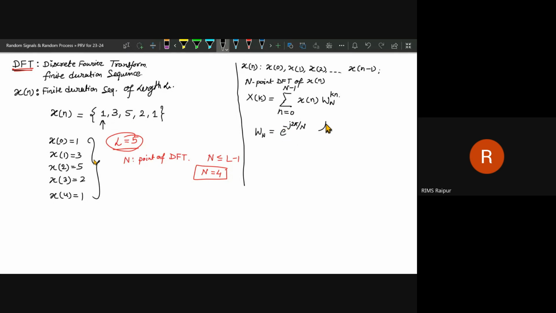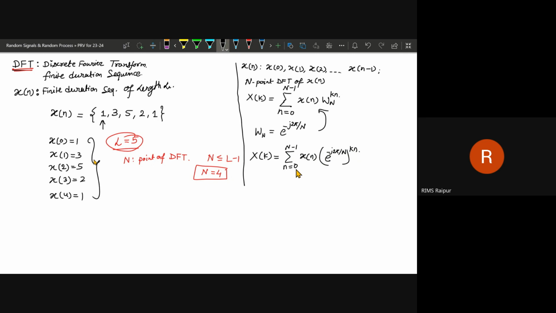So if we put this value here, the DFT formula will be x of k is equals to summation n is equals to 0 to n minus 1, x of n e raised to power minus j2 pi by capital N whole raised to power k into n. Okay, so this formula represents the DFT, how we find the DFT of any sequence.